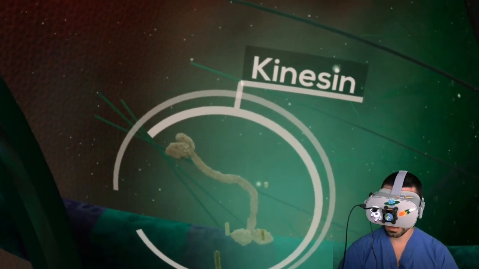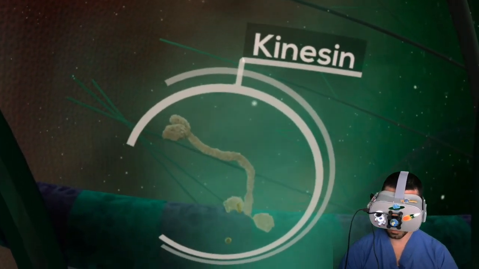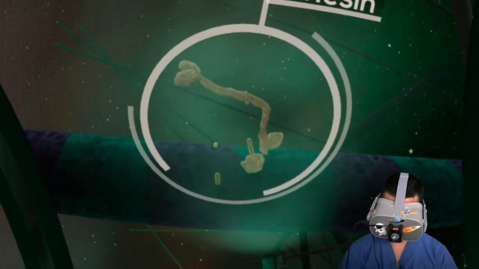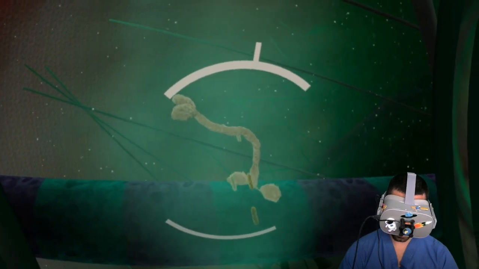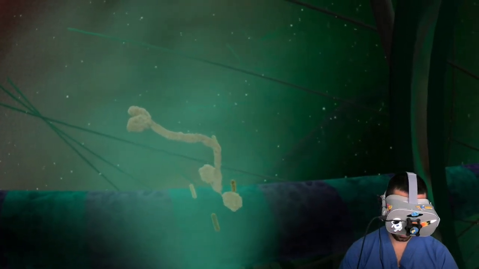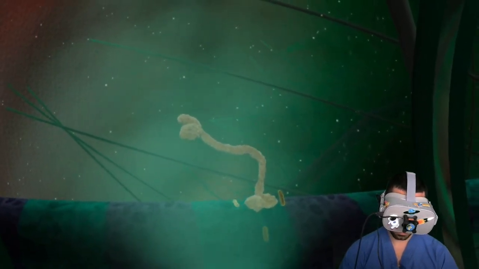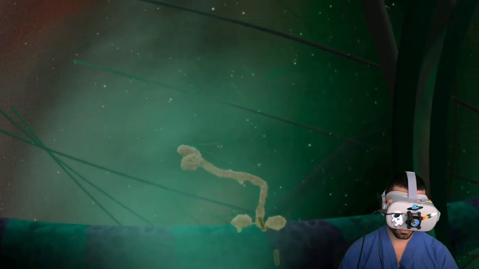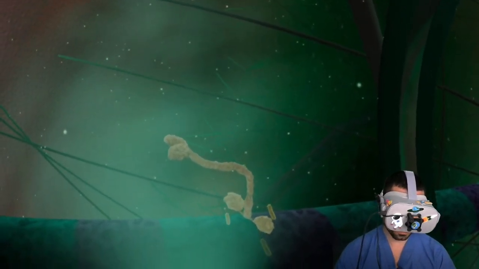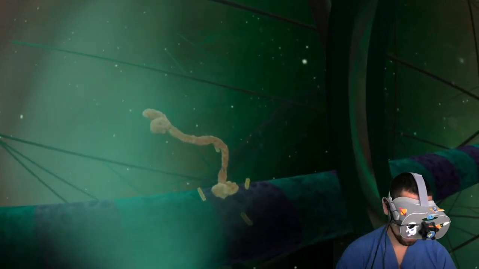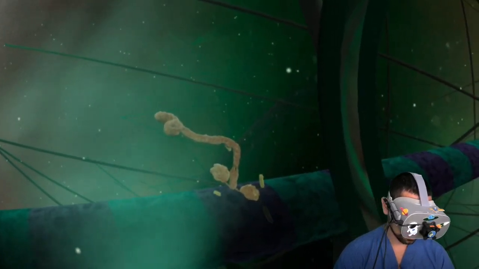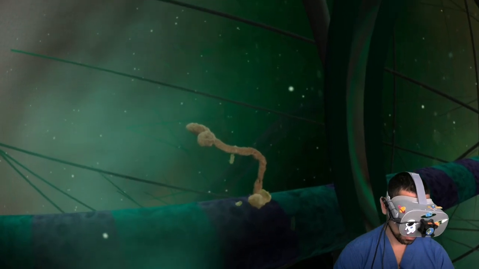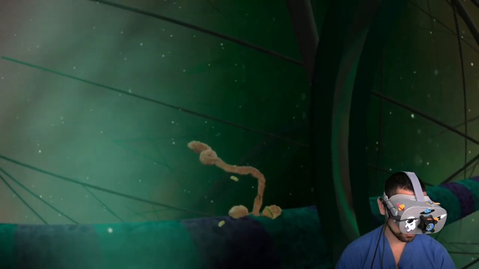This protein is called kinesin. It has the ability to walk through the microtubules. You can see it has a very fancy way of walking. It of course needs energy to do this, in the form of ATP. Every step it takes, it has to bind to an ATP molecule.